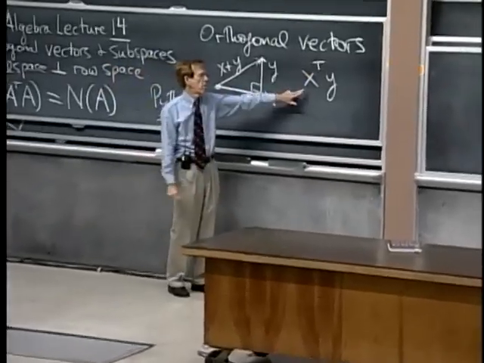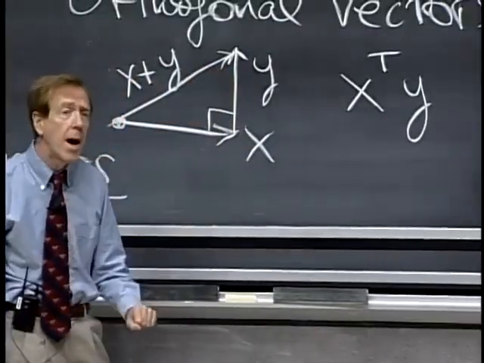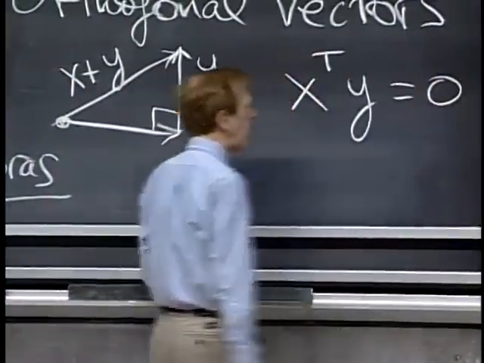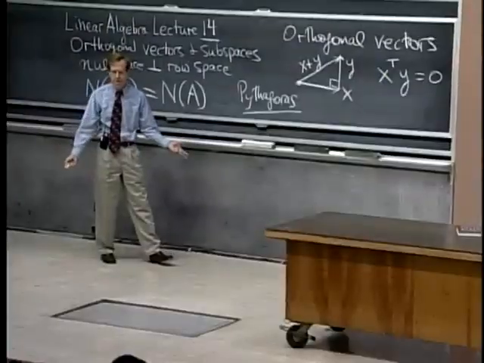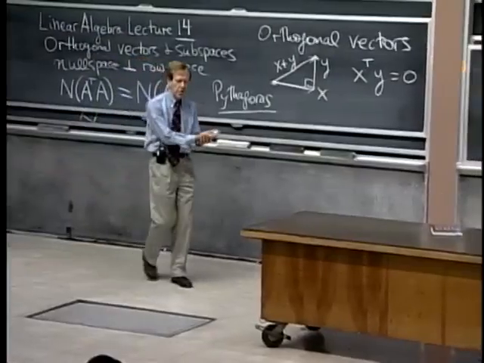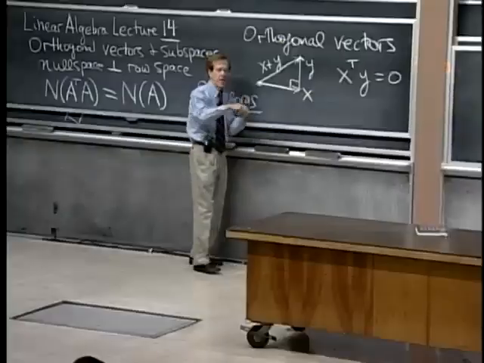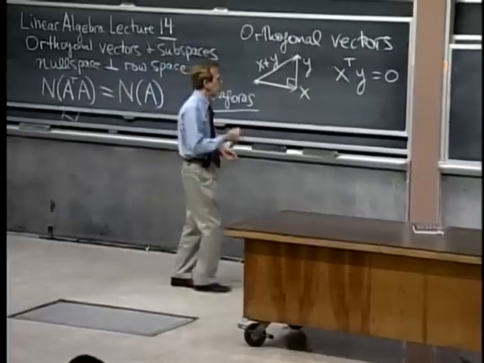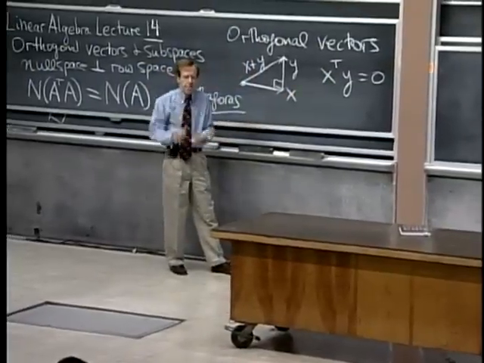So these vectors are orthogonal if this result, x transpose y, is 0. That's the test. Can I connect that to other things? It's just beautiful that here we're in n dimensions, we've got a couple of vectors, we want to know the angle between them, and the right thing to look at is the simplest thing you can imagine, the dot product.